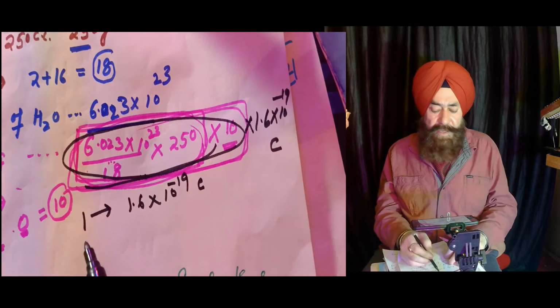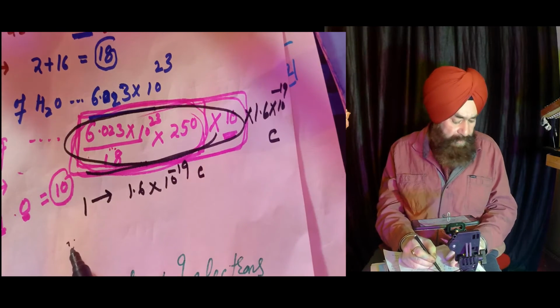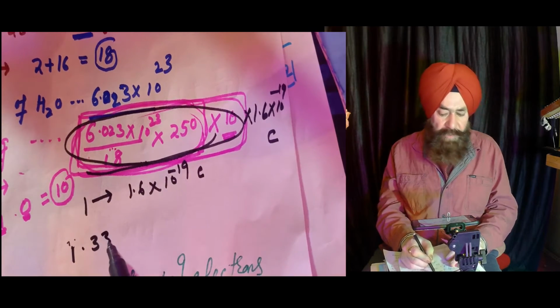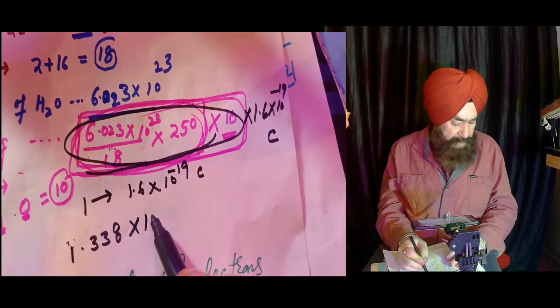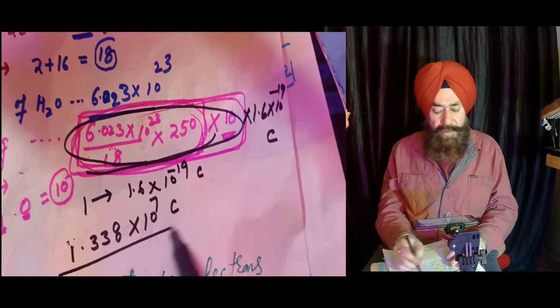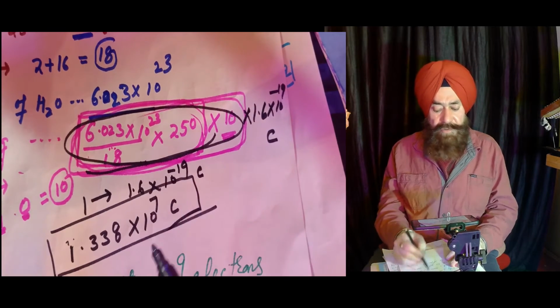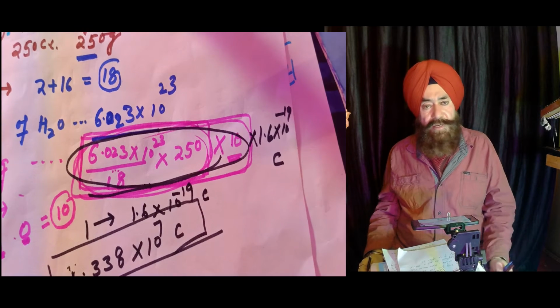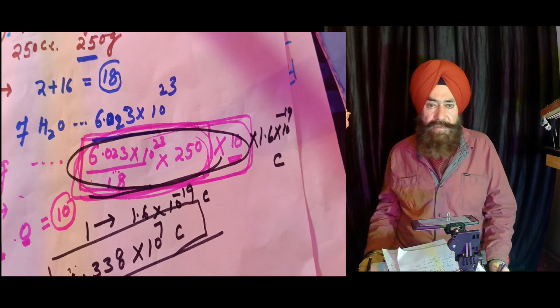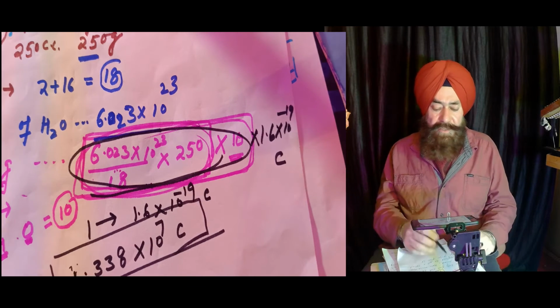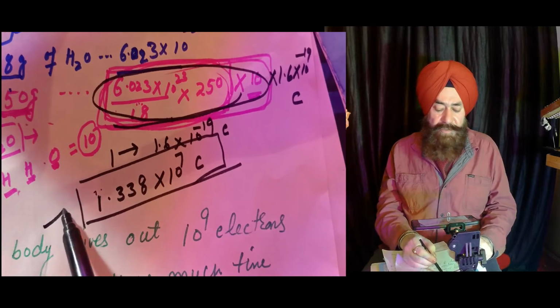You find this answer will be 1.338 into 10 raised to power 7 coulomb. So this is the charge that the cup will contain, and this charge is of course a negative charge.